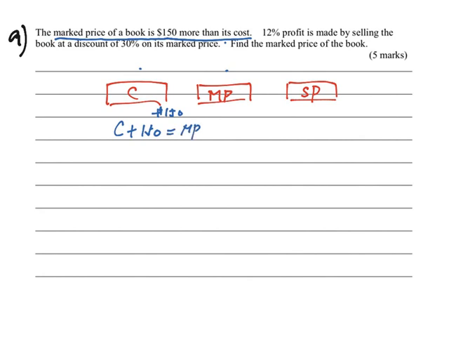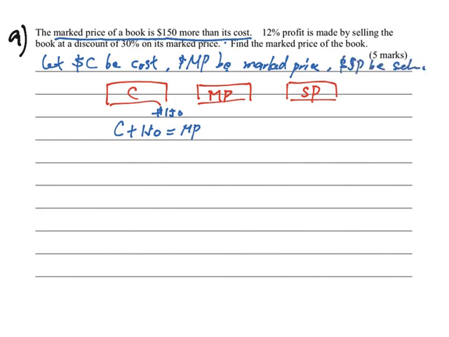Now actually we can let C, MP and SP first. Let C be cost, MP be mark price, and SP be selling price. So for this one, mark price is equal to C plus 150.